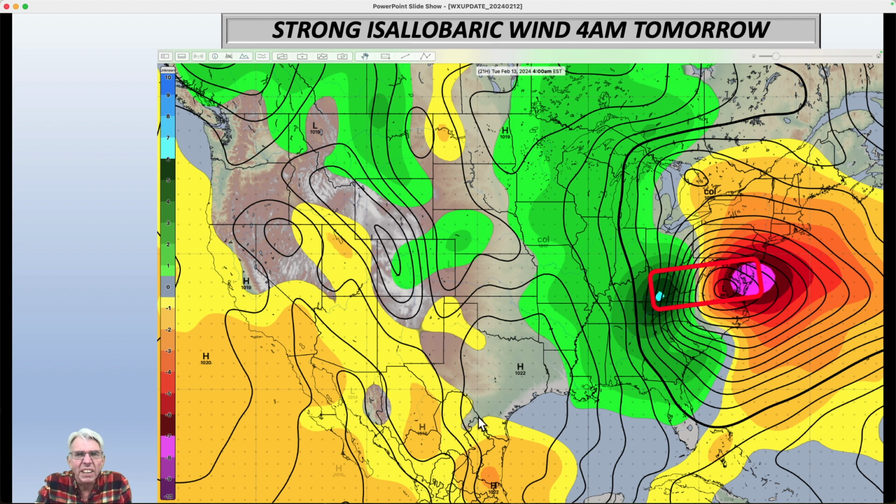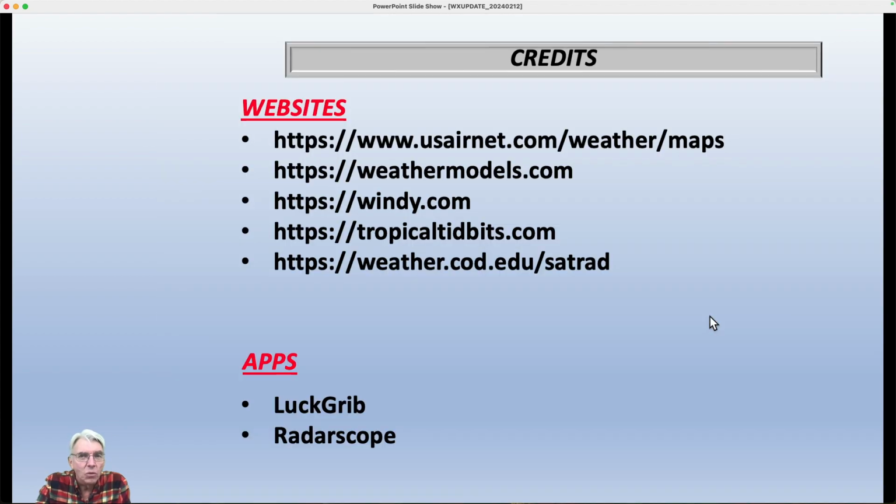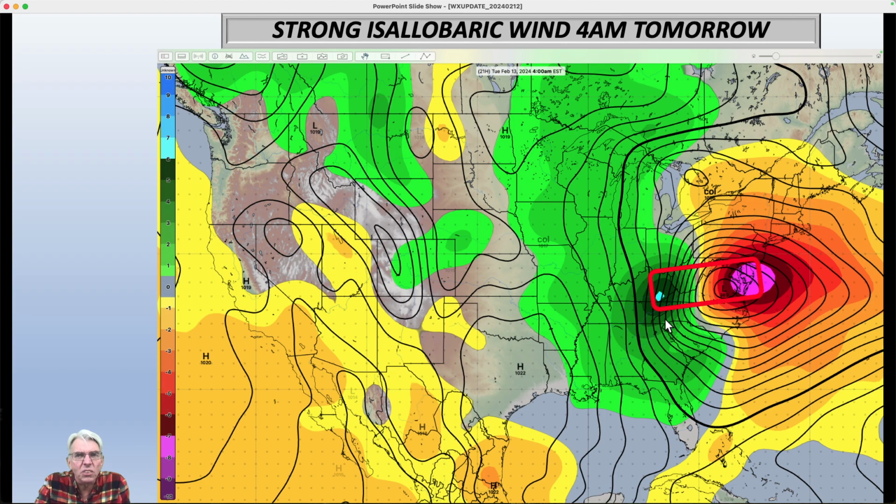Now, Raleigh is about in here, so we're just outside of that tightest gradient, but we've still got a decent gradient. As you can see here, we go from dark green to light green to lighter green, and then yellow to orange to red and so forth. So yes, the strongest forcing is up in here, but what's going on in the Raleigh area is not too shabby either, okay?